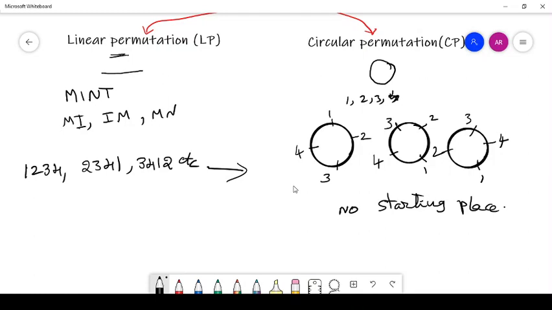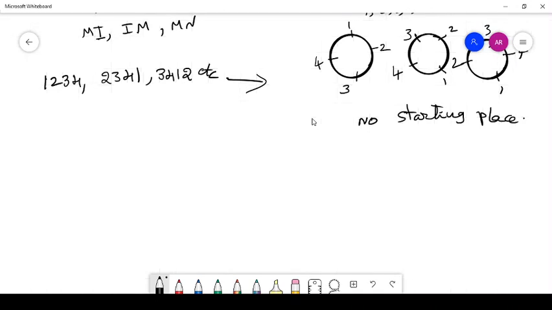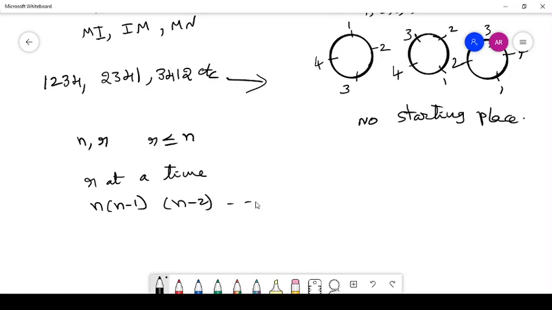Next, if n and r are positive integers and r is less than or equal to n, then the number of permutations of n dissimilar things taken r at a time is n into n minus 1 into n minus 2 up to n minus r plus 1.